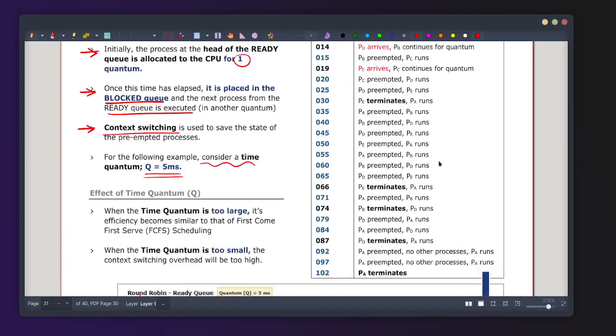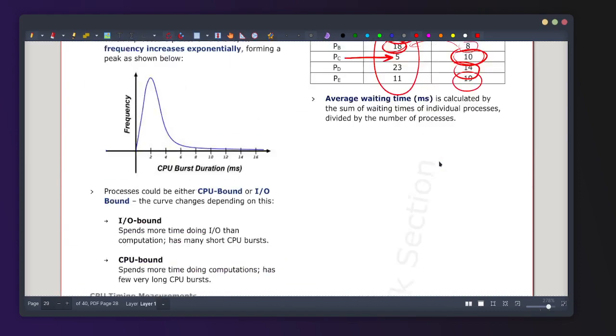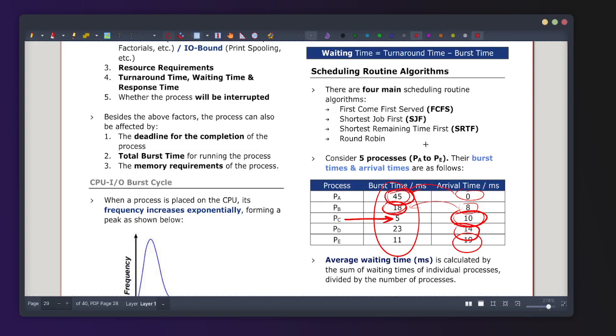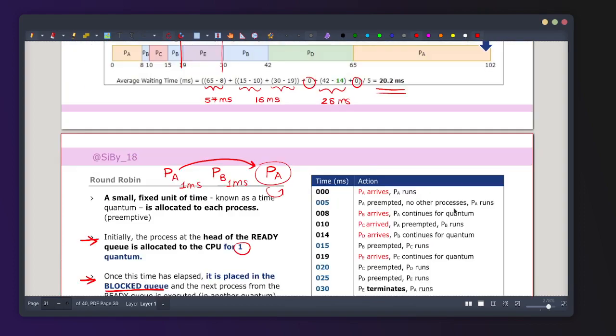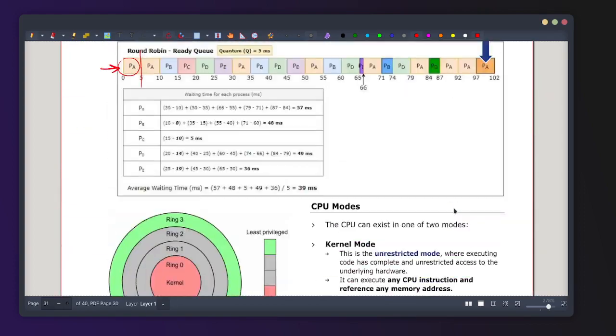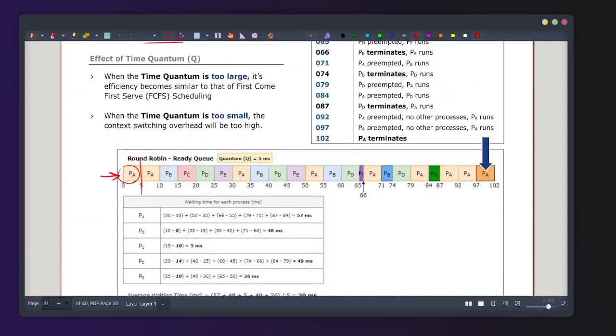The next process, process B, arrives at the CPU at 8 milliseconds. So when the first process A's time quantum of 5 milliseconds is over, there are no processes that have actually arrived at the ready queue. So it will allocate itself one more time quantum of 5 more milliseconds.